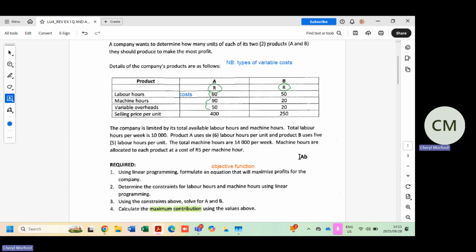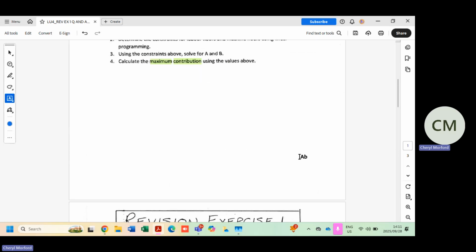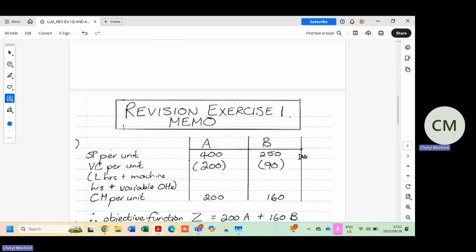So let us do a table, because you know how I love a table. It's very economical and saves a lot of time. We're going to have 2 columns for A and for B, and we're going to calculate the contribution. So that means that we are going to subtract your labor cost, your machine cost, and your variable overheads. So let's pop down and do that.